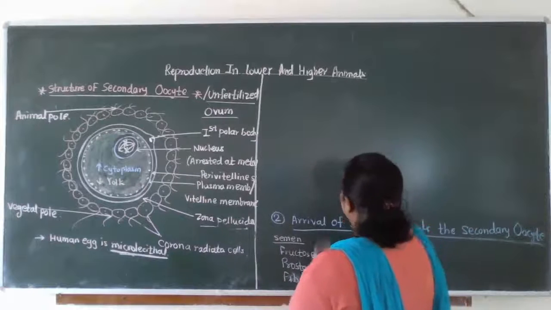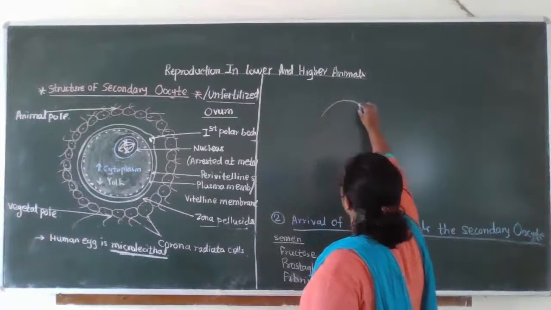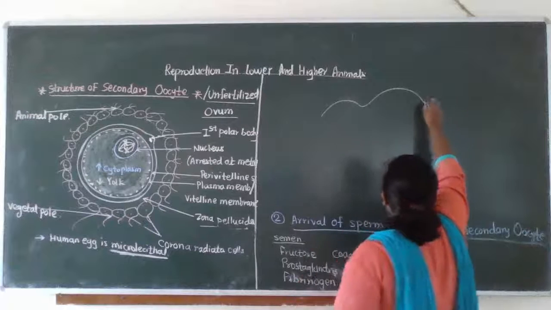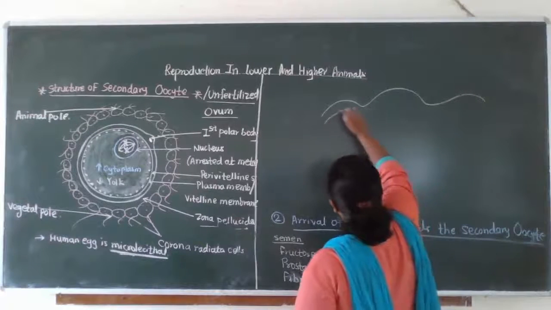So we will see the events. Here is the female reproductive tract. I am drawing the female reproductive system.